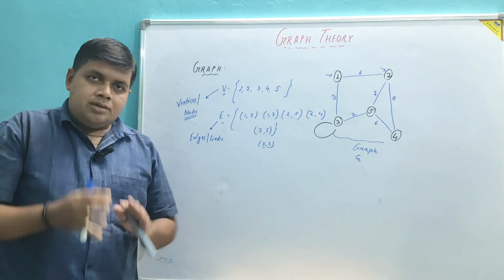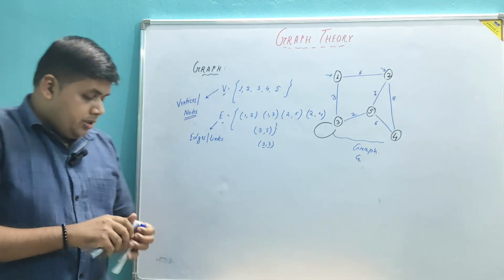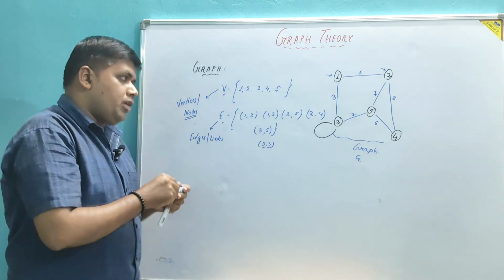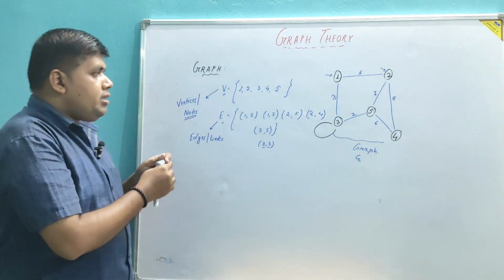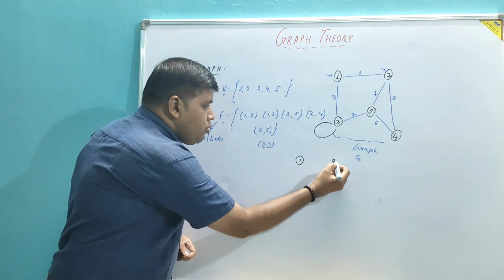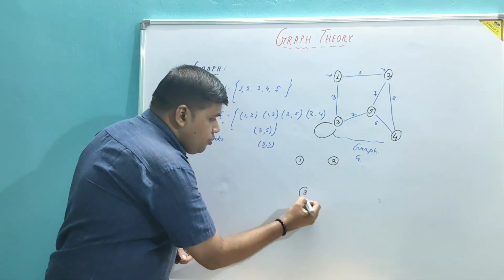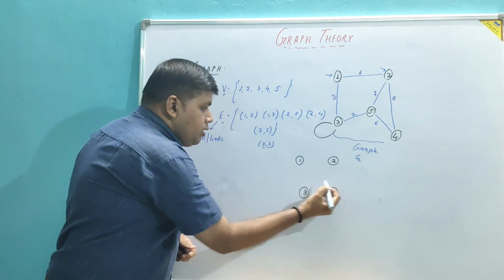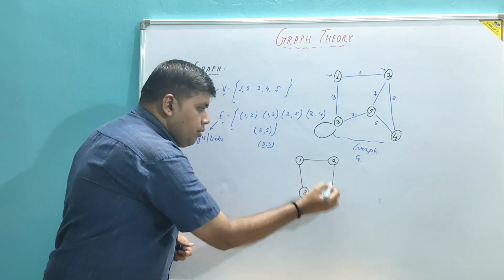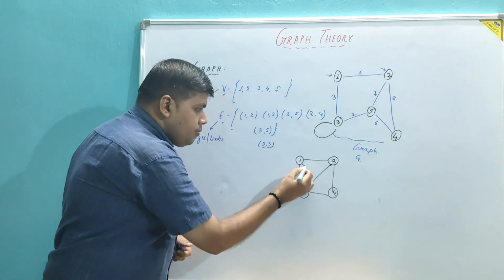Another term associated with this: let's consider another type of graph. For example, let's take a graph of this type, say with vertices 1, 2, 3, and 4. Here we are connecting all the vertices with one another.